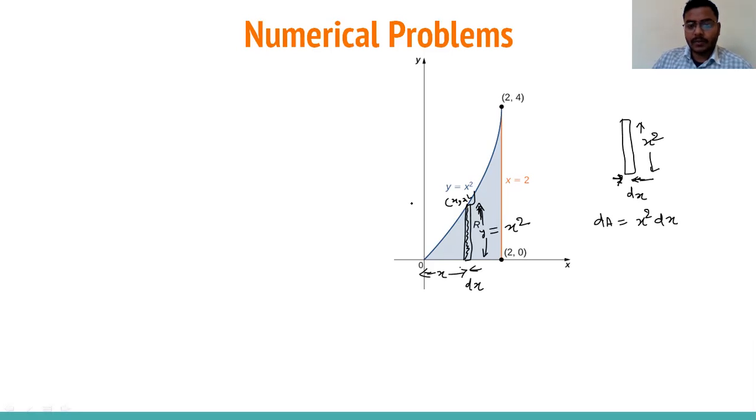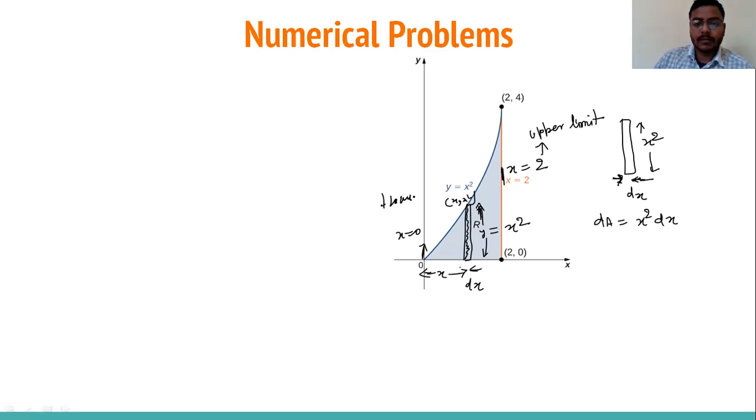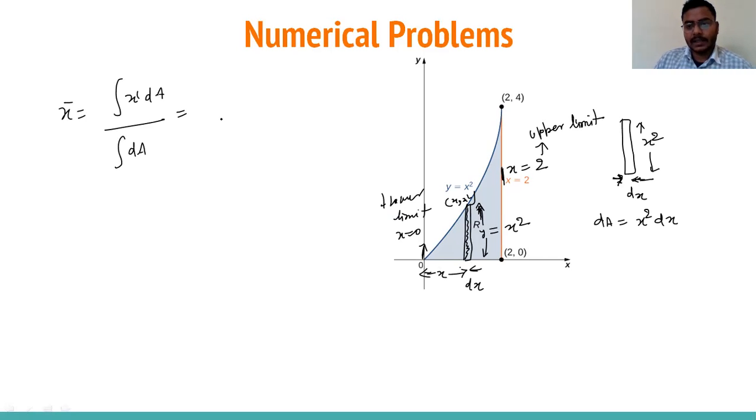And what will be the lower limit? Once this segment is here, x will be 0. Once the segment is here, x will be 2. So this is the upper limit, and this is the lower limit. Now, the formula we have: x bar is equal to integration of x dash dA divided by integration of dA. In this case, x dash is the distance of the centroid of the segment from the y-axis, that is x in this figure.